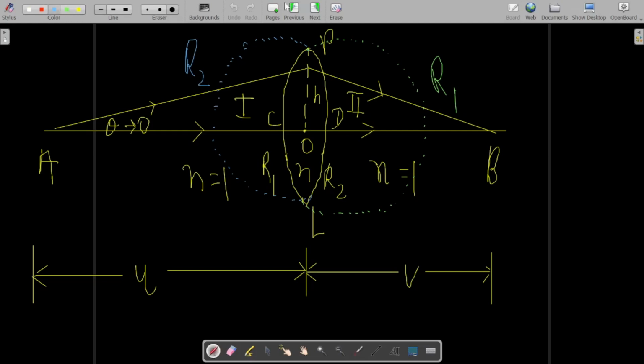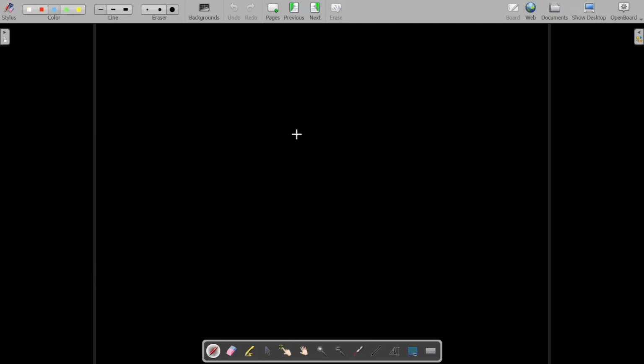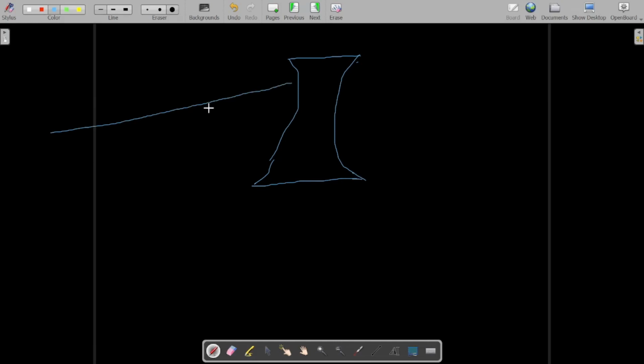For example, suppose it would have been a diverging lens, then a situation of this kind would have arisen. In this particular situation, your paraxial ray will come like this. This is the axis of the lens.